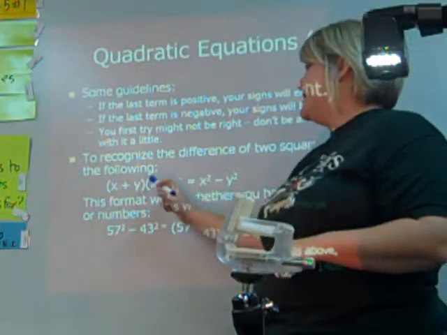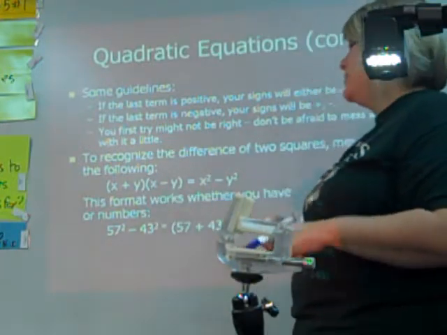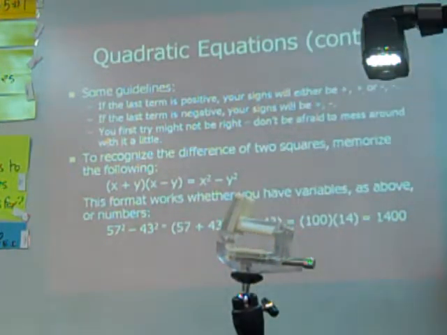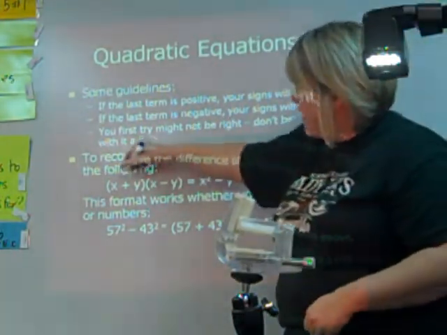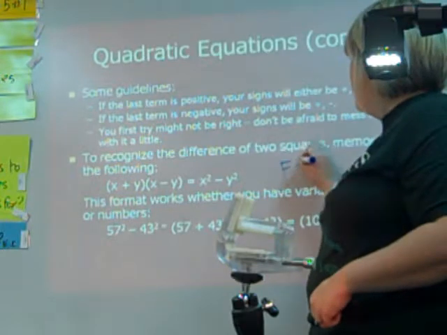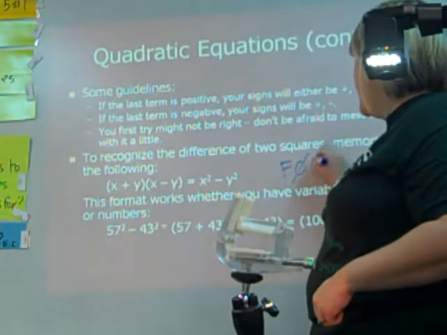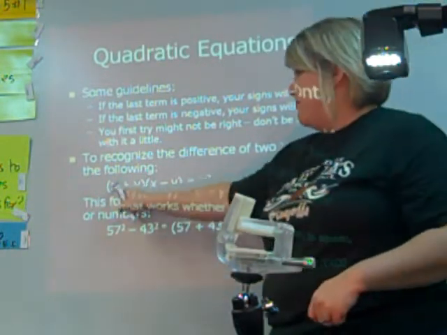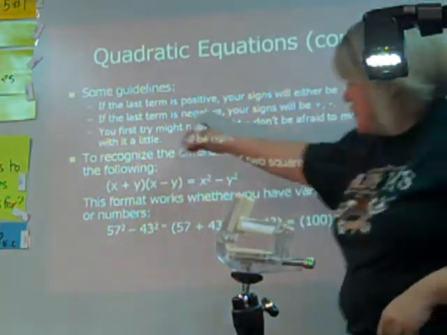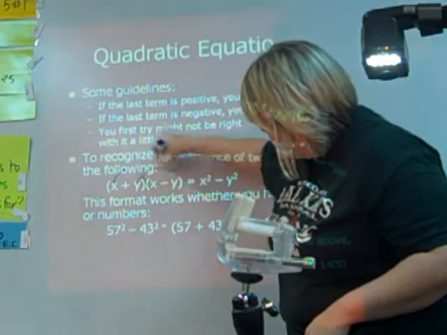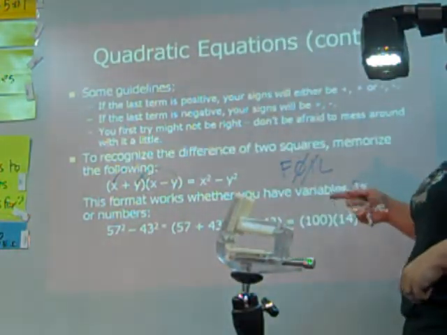They're exactly the same, but they have different signs in the middle. So when you see that, that translates to a difference of two squares. Basically what happens when you have conjugates and you FOIL, the outside and inside cancel out because of them being exactly the same but with opposite signs. So you're left with just first and last, x squared minus y squared.